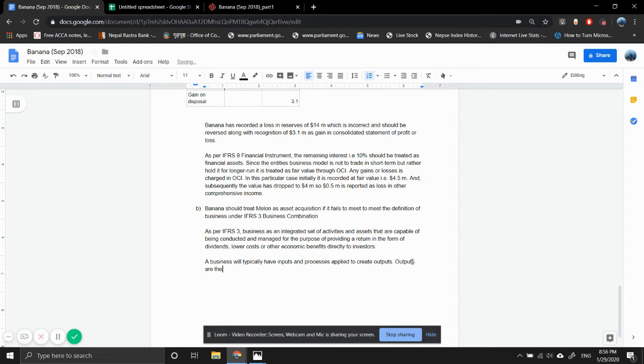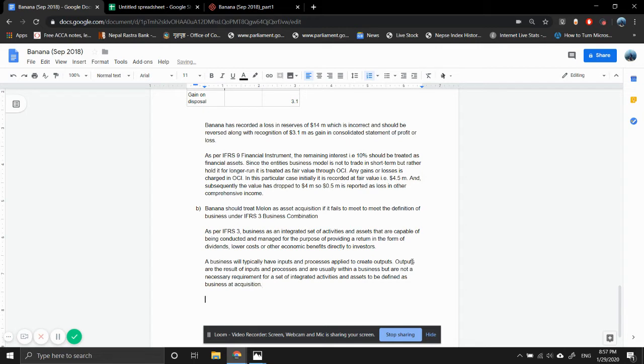Outputs are the result of inputs and processes and are usually within a business but are not a necessary requirement for a set of integrated activities and assets to be defined as a business at acquisition.